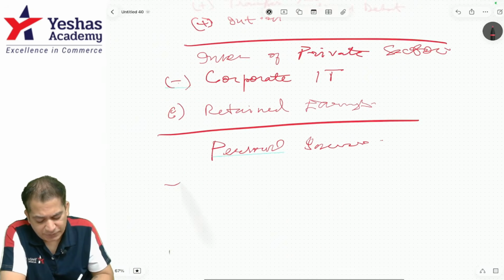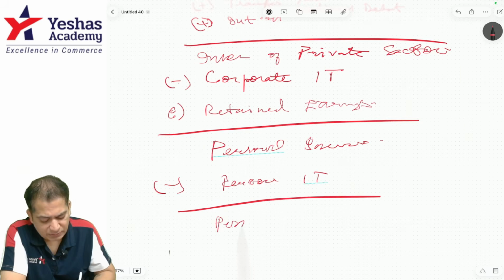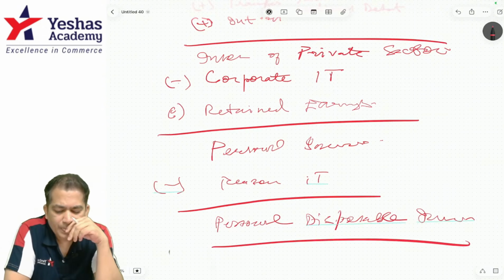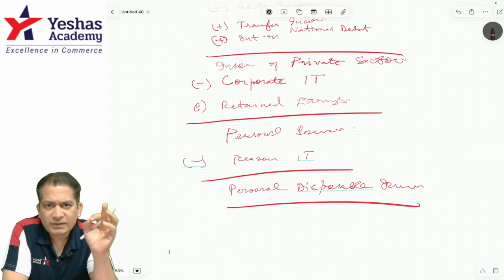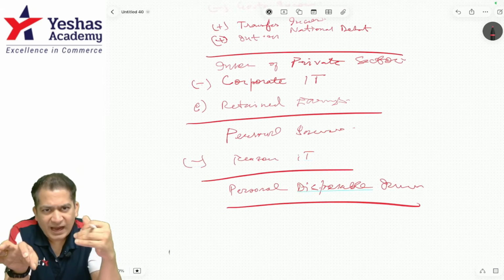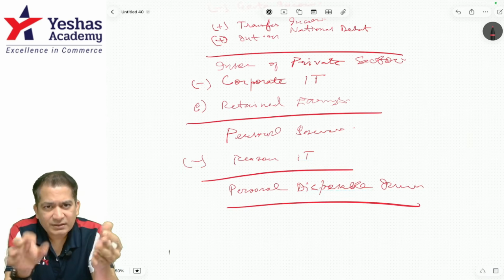And from the personal income, if I deduct personal income tax, what you get is personal disposable income. Clear or not? So from the national income, you deduct government's income, add transfer income, and add interest on national debt; that gives you the income of the private sector.